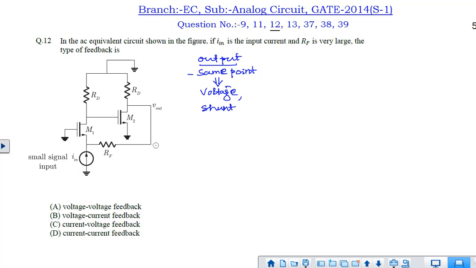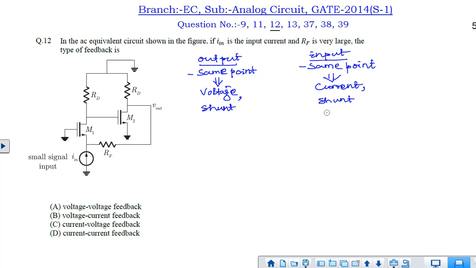Now if we concentrate at the input, here is the current, mixing directly with the current, meaning the mixing is also happening at the same point. If the mixing is happening at the same point, then the mixing type is current and the connection will be shunt type.